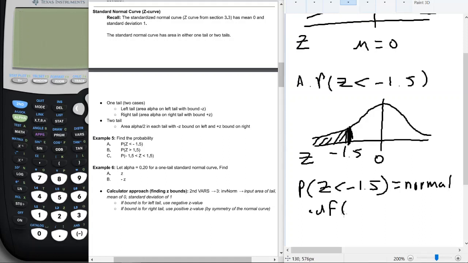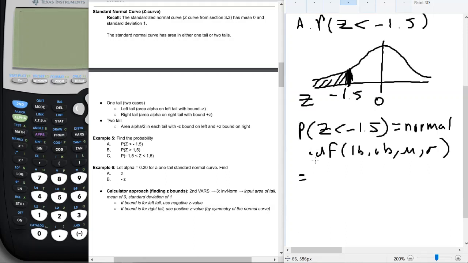Once again, we need 4 entries for the normal CDF. We need lower bound, upper bound, mean, and sigma in order to find the area. And what's the lowest that the shaded region goes on the number line?